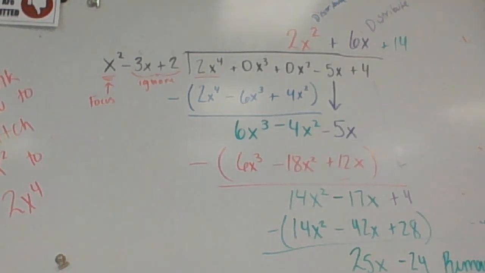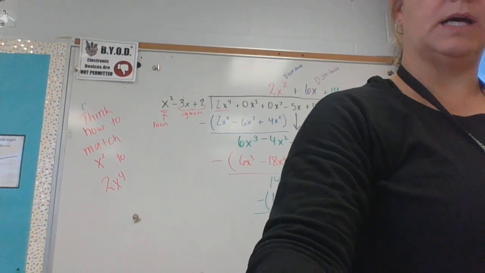So let's see how this should be written all together. Let's write the quotient. The quotient is the number up top.